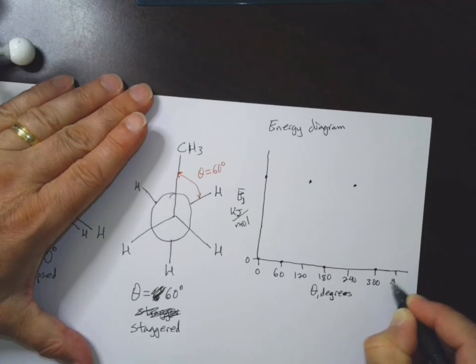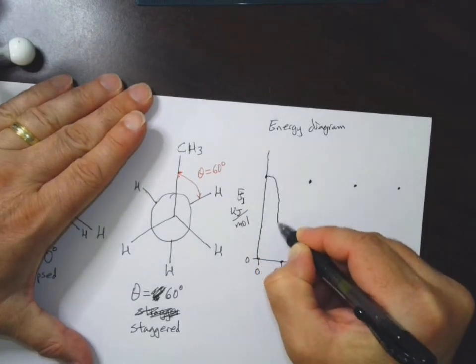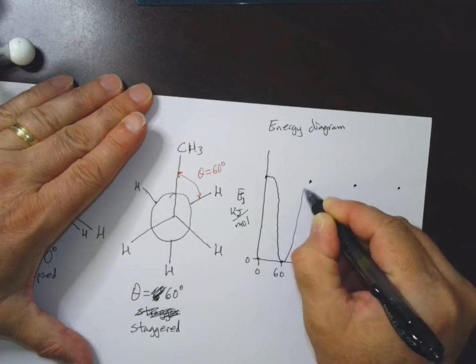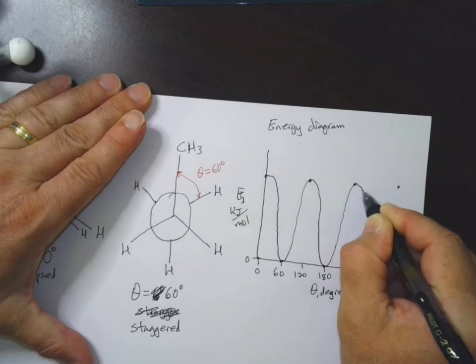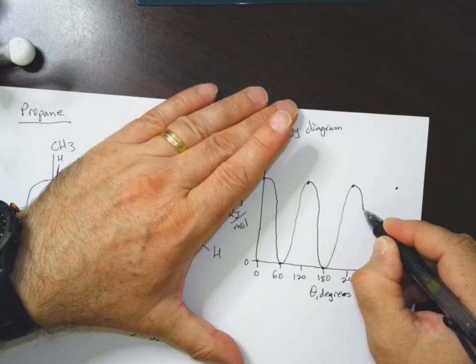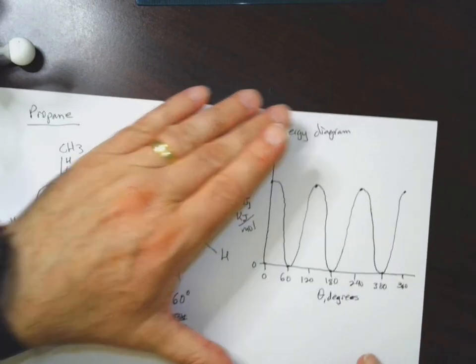I'll go ahead and put 360 in here. I can connect these with smooth curves, more or less. Depending on your artistic ability, your mileage may vary.